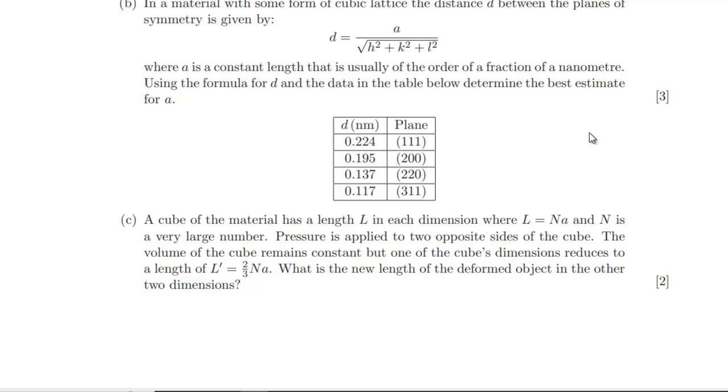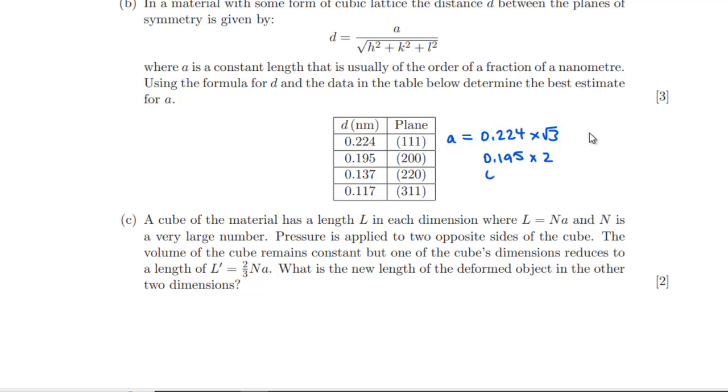So for the first one, we've got a is going to be equal to 0.224 multiplied by the square root of the sum of the squares, so root 3. I'll put all this in the calculator in a minute. And then we're going to have 0.195 times what we got here, that's just going to be root of 2 squared plus 2 squared.